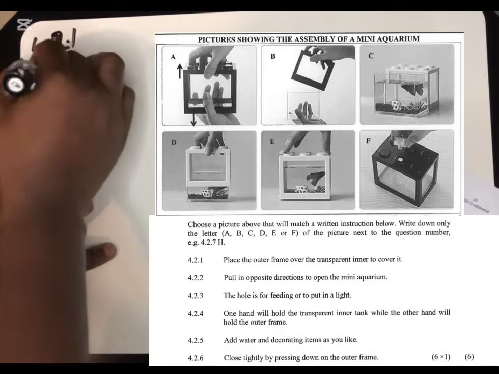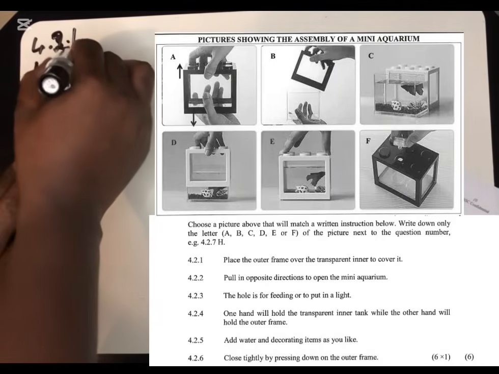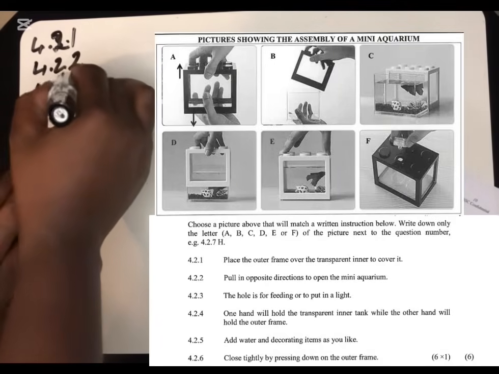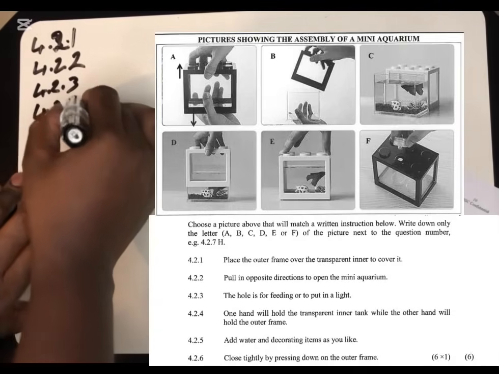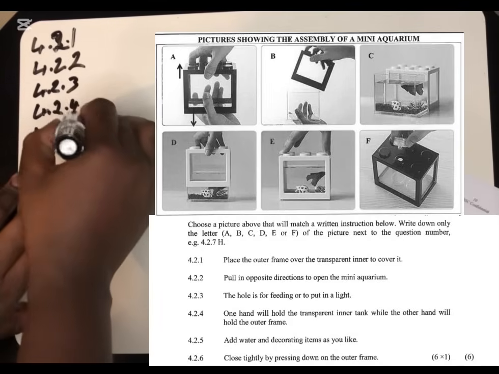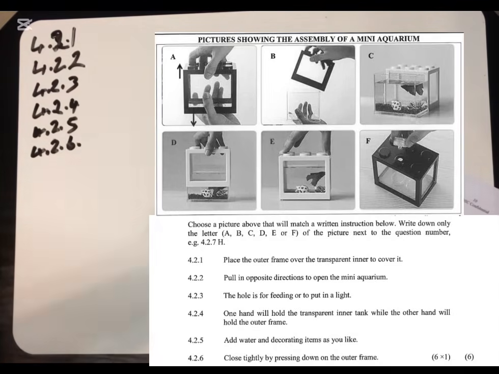Now we have 4.2.1 up to 4.2.6. The first one says place the outer frame over the transparent inner to cover it.